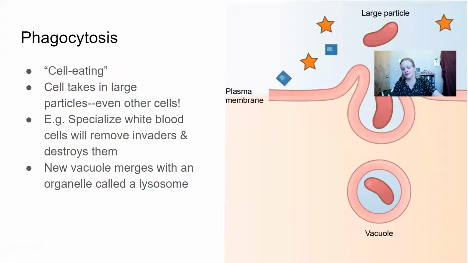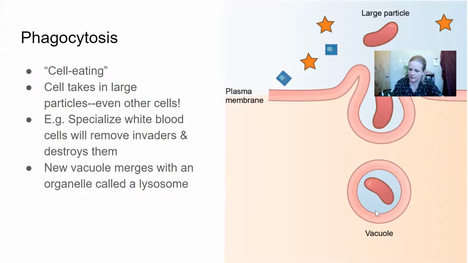They create these little pockets and collect the microorganism, the virus or the bacteria or what have you, that wants to cause some problems with our bodies.